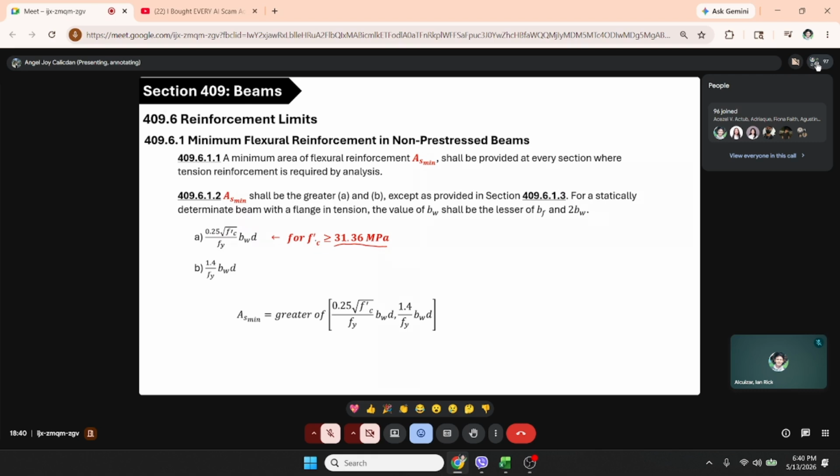If your f'c is greater than or equal to 31.36, this one governs. And if less than, this other one governs. But since we have a calculator, you can just input it using the max function.